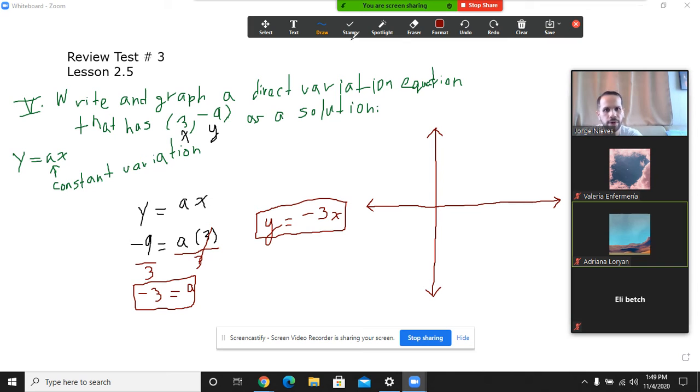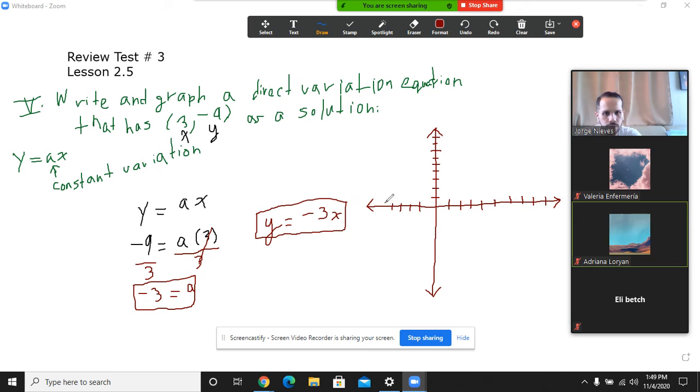The first order pair I have is 3 and -9. 1, 2, 3, 4, 5, 6, 7, 8, 9. Let me see if I can do it. 1, 2, 3.